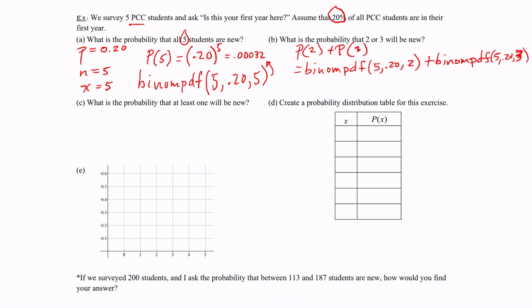So when we compute each of those, we get 0.2048 for 2 successes, and then 0.0512 for 3 successes, and then combining them together, we get a probability of 0.256.